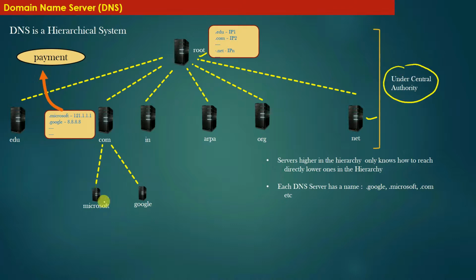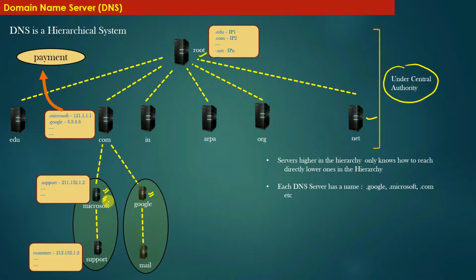But what about the Microsoft and Google DNS servers? Of course, because it is a Microsoft DNS server, Microsoft is responsible for looking after its own DNS servers. Right? Similarly, Google will be responsible for looking after its own Google DNS servers.